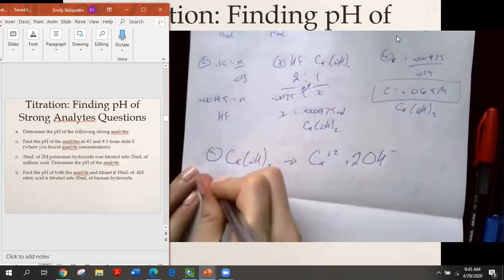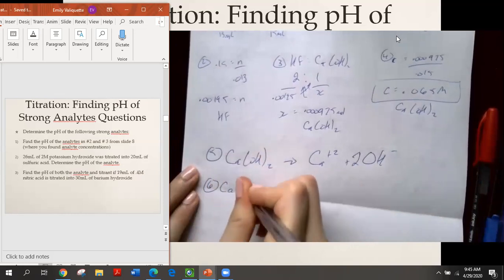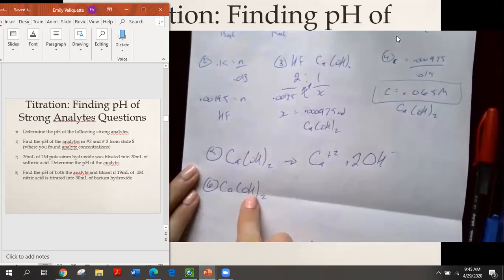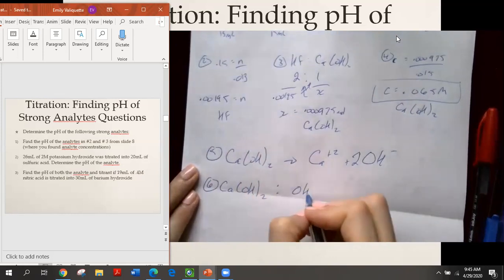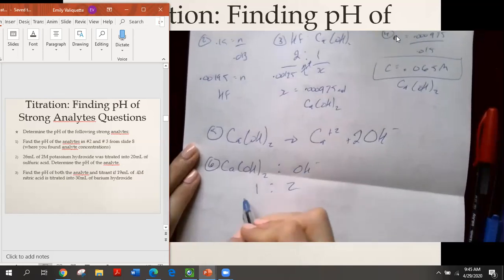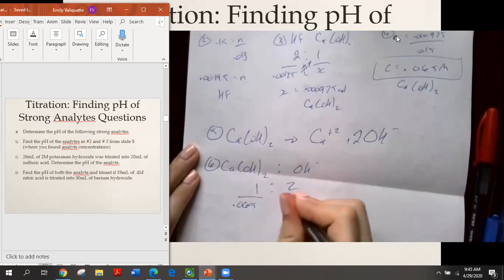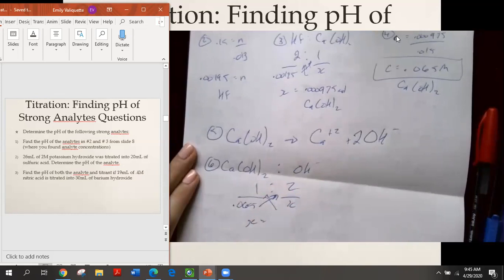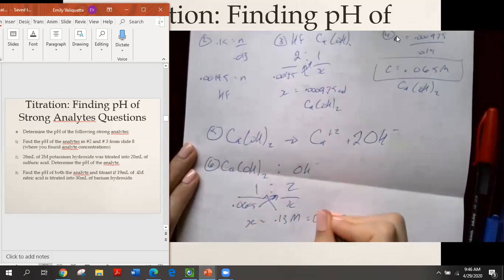Then we can set up our mole ratio between our analyte, which in this case is the base, and our hydroxide. So it is a 1:2 ratio this time. We'll plug in our concentration of our analyte and just cross multiply to get the concentration of hydroxide. So 0.13 molar is our concentration of hydroxide ions.